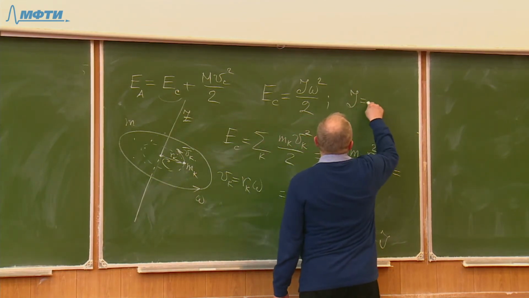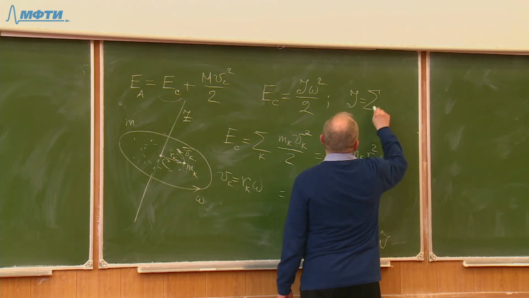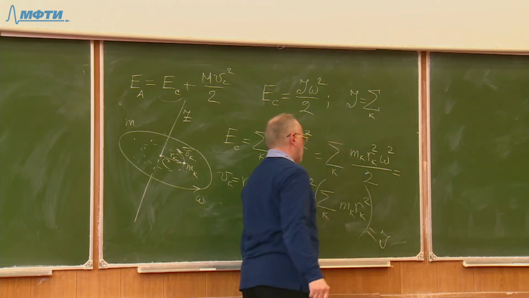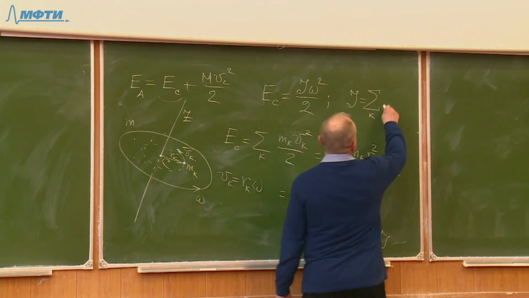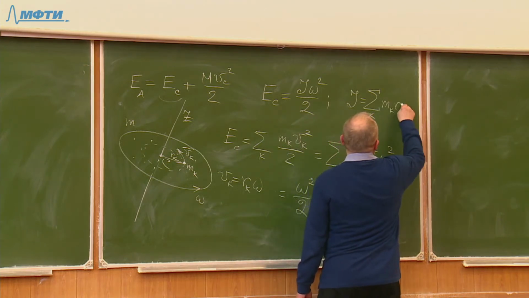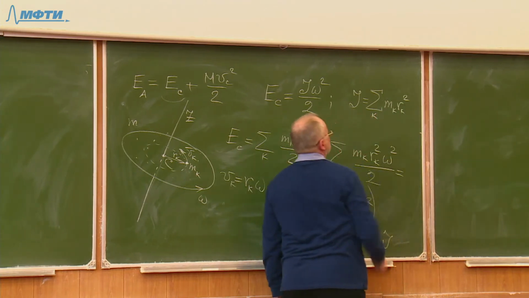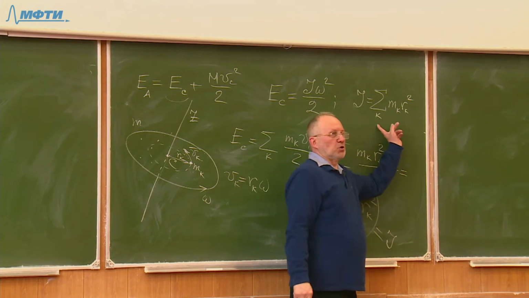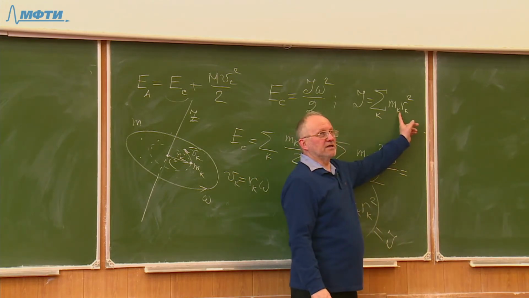The moment of inertia is defined, that is, this formula is the definition of the quantity, as the sum of mk rk squared, and such a sum is taken over all the points mk of the solid body.